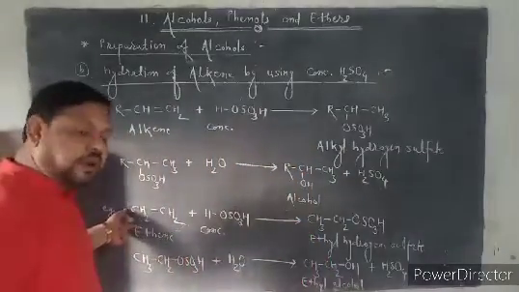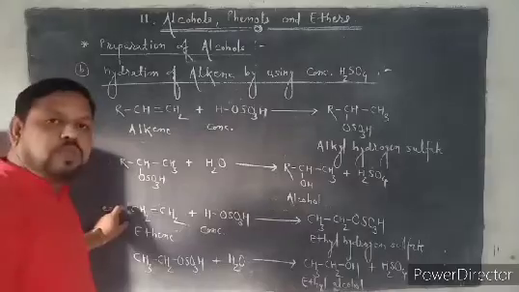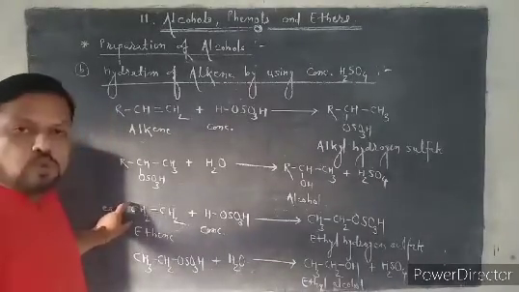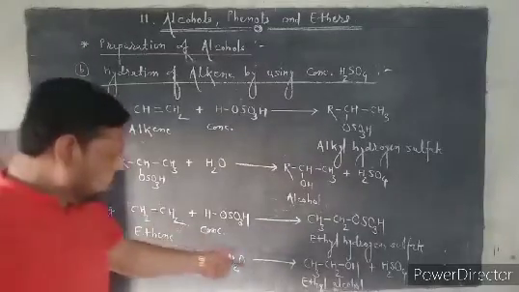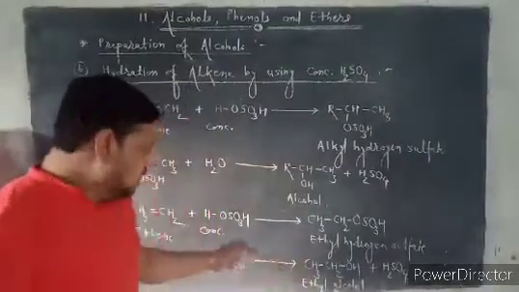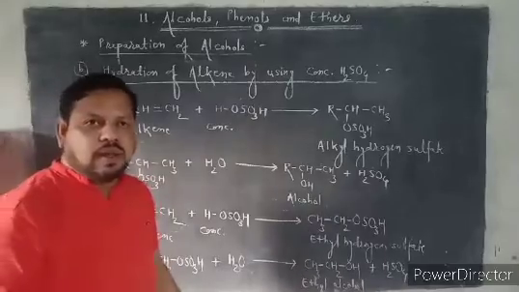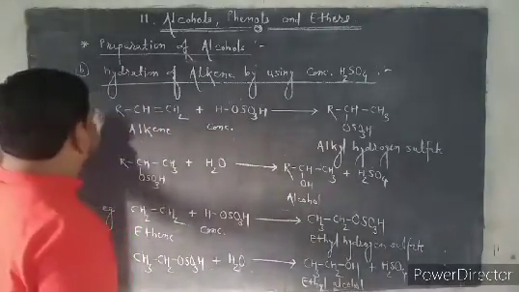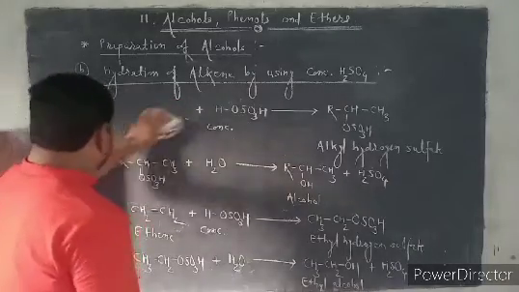This is the example of a symmetrical alkene. In this symmetrical alkene, there is no problem in the formation of alcohol. But in case of unsymmetrical alkene, it does not directly form the alcohol.